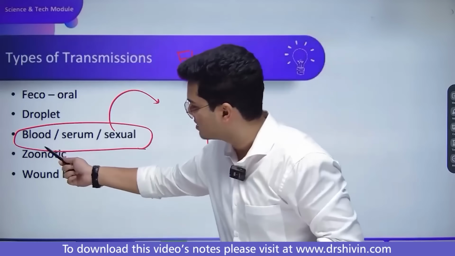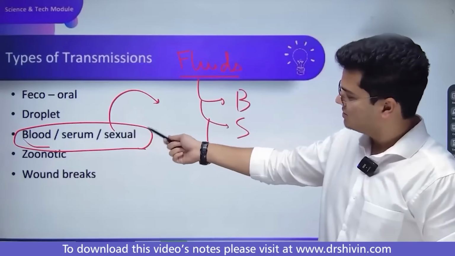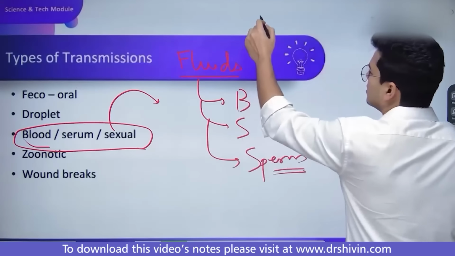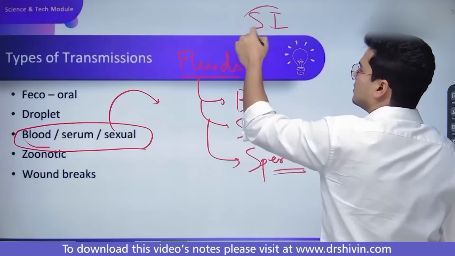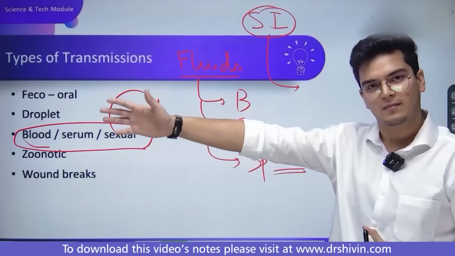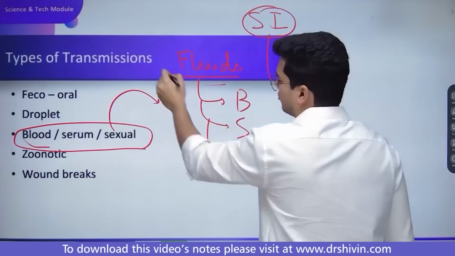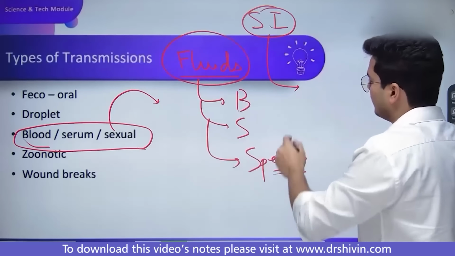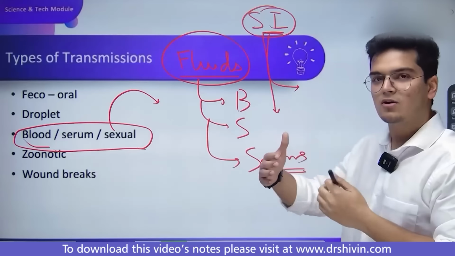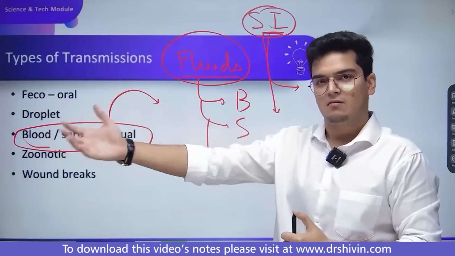This is blood-based transmission. Sexual or serum transmission, how does that happen? If two individuals have sexual intercourse, the sperm of the male will be going into the female, so there will be exchange of body fluids. So if the first individual is infected, even some part of the female's body fluid is going into the male.